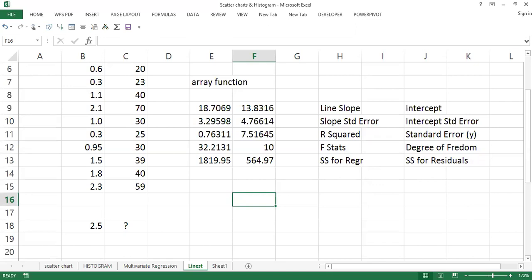What's the regression model from this output? So y is equal to what?